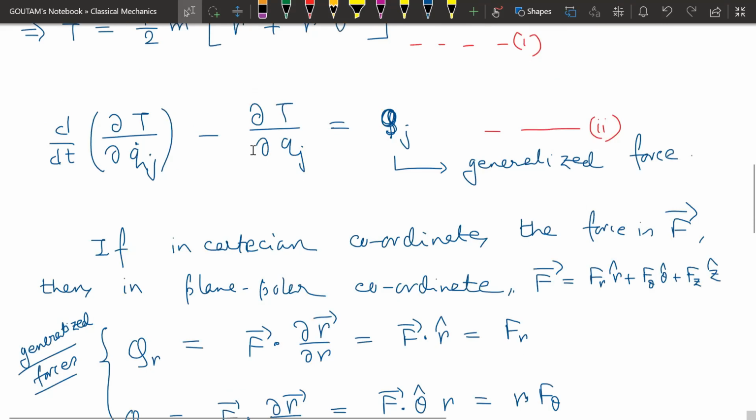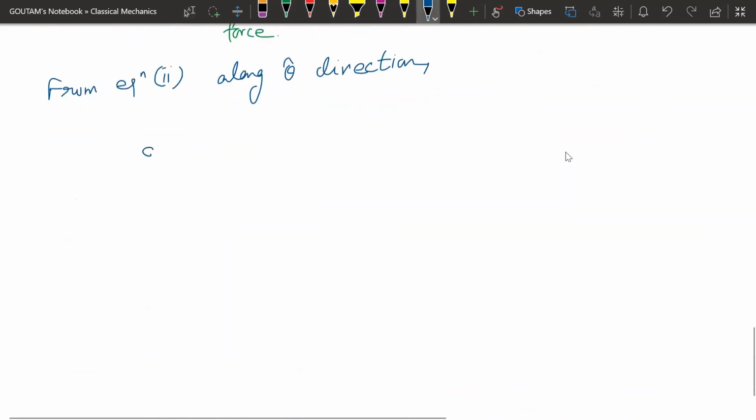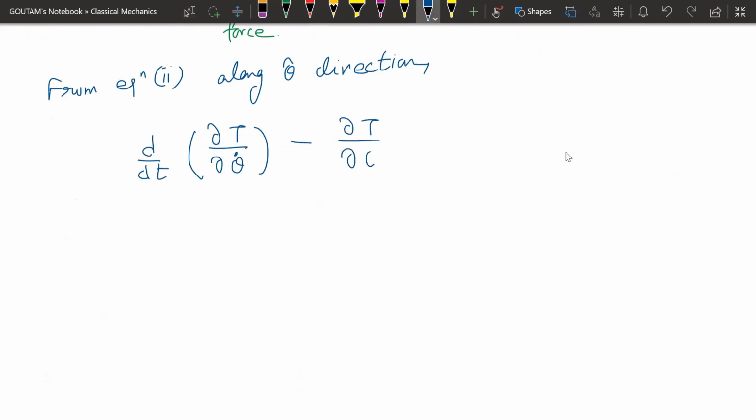Okay, this is equation 2. Along the theta direction, we will get d/dt of del T del theta dot minus del T del theta equals r F_theta. That is Q_theta, the generalized force along the theta direction.